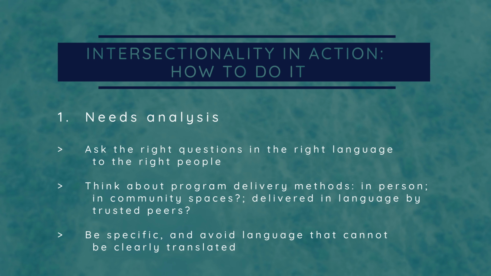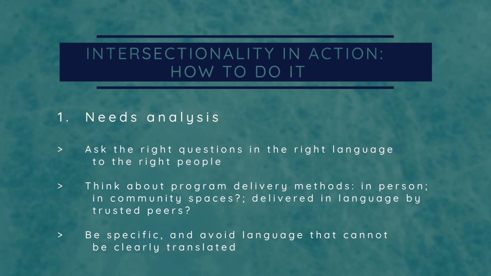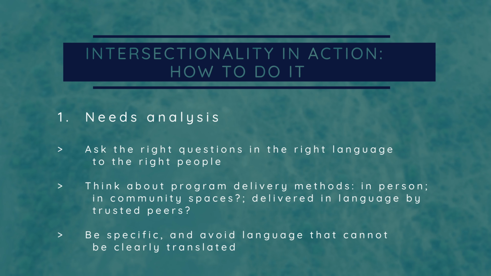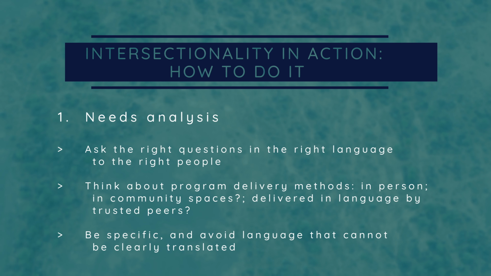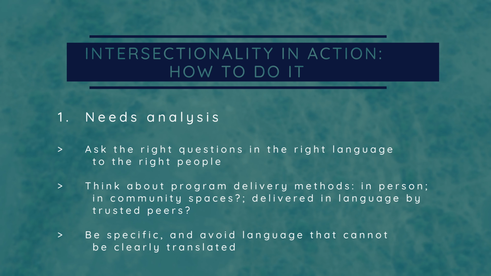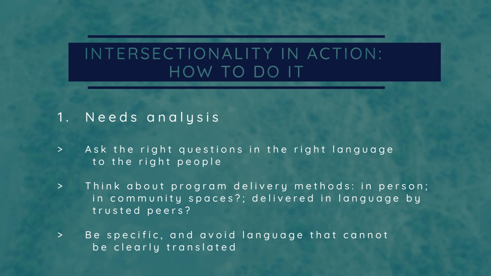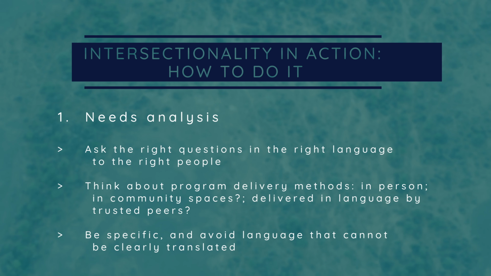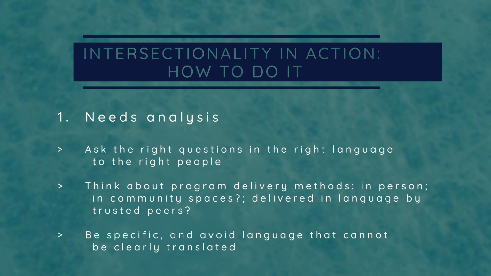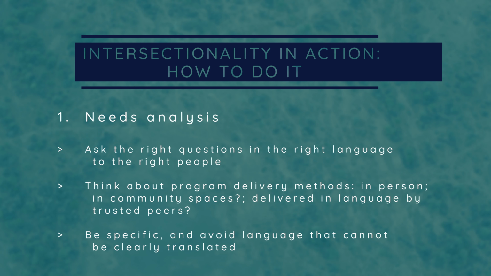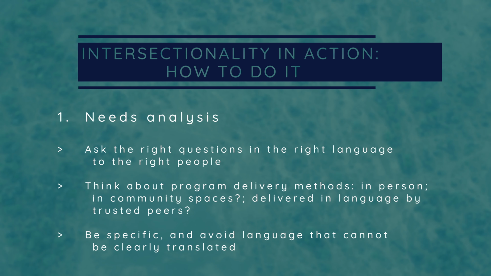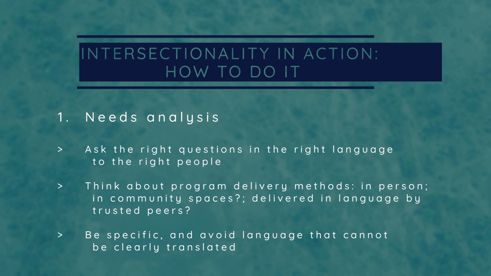You can ask them directly to the people that you're planning to work with, or if that's not appropriate, we might ask the questions of the group leaders or the faith leaders. If you don't have the skills within your organisation to ask questions in language, then you can utilise interpreters, which we do quite a lot, or you can collaborate with different organisations in your network that have a diverse workforce to call on.